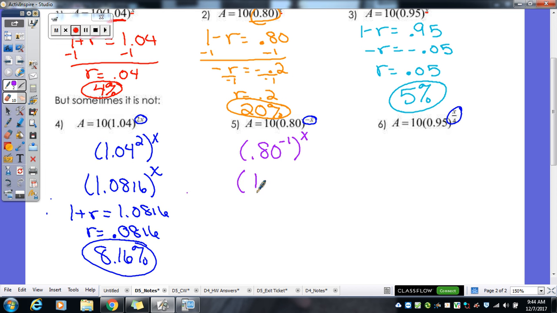So this problem that initially looked like a decay has now turned into a growth problem. So this would be 1 plus the rate. Subtract our 1, so our rate is 0.25. So as a percent, this would be 25%.